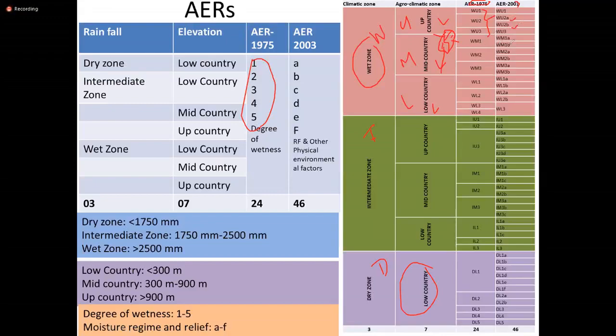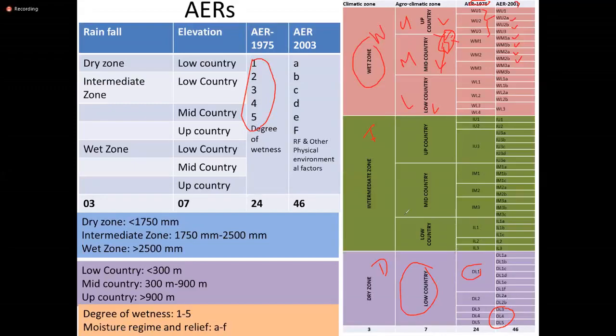If you look at mid country, that's also WM1a, WM1b, WM2a and WM2b. Likewise, you can see further divisions here. So in the dry zone, DL3, DL4, DL5, no further division. But DL1, dry zone low country, has further divisions a, b, c, d, e, f, right? But DL2, only a and b.